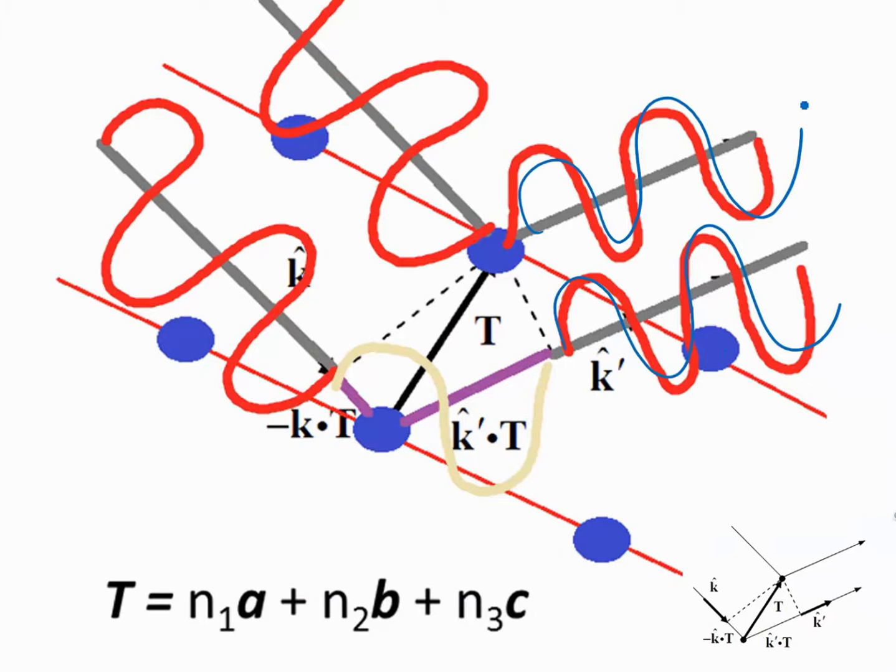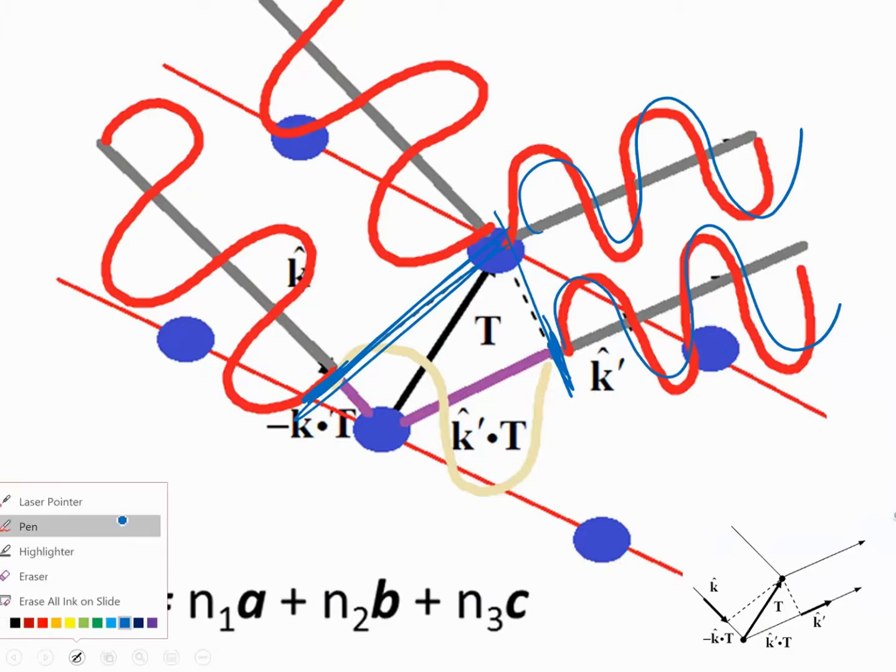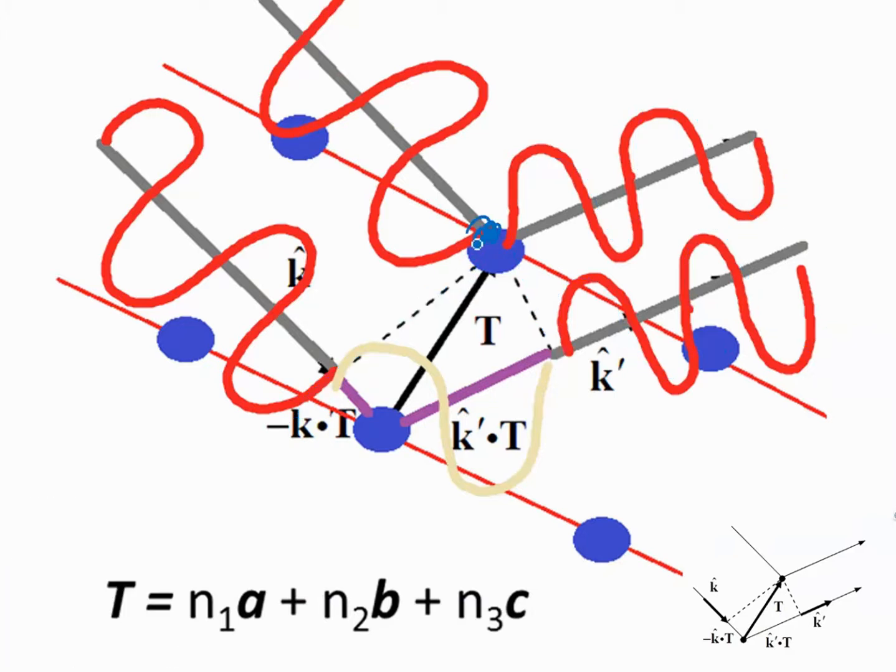So in order to get constructive interference, these two must also be in phase. The problem here is this path difference. This path difference must always be a full integer of wavelengths, so that these two can be in phase. This point and this point must have the same phase, and this point and this point should also have the same phase.